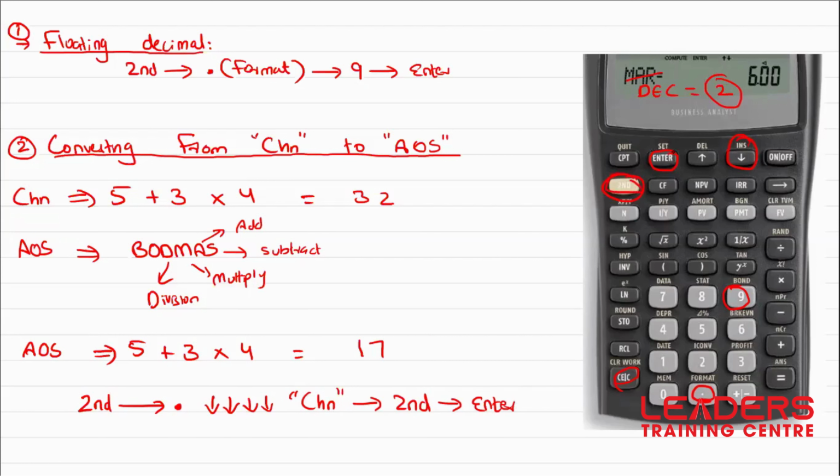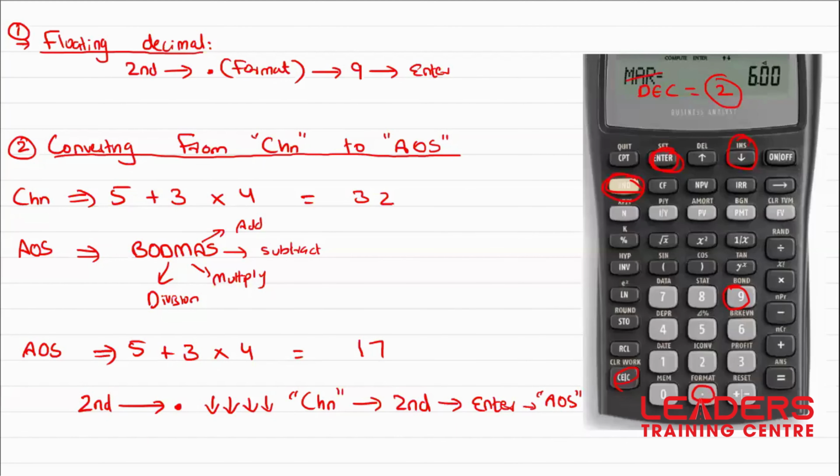When you press second and enter, your calculator has now switched from CHN to the algebraic operating system. So it will automatically switch to AOS. You can try the same calculation again, which is 5 plus 3 times 4, and you will see your calculator now produces 17 as opposed to 32.